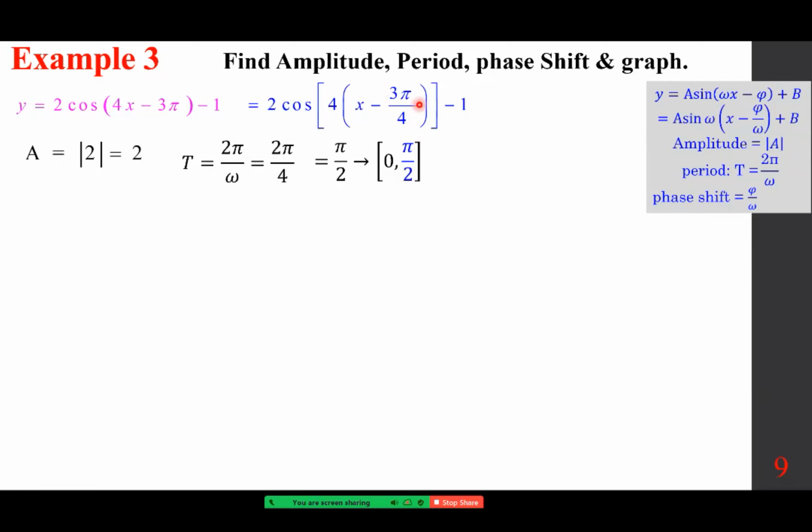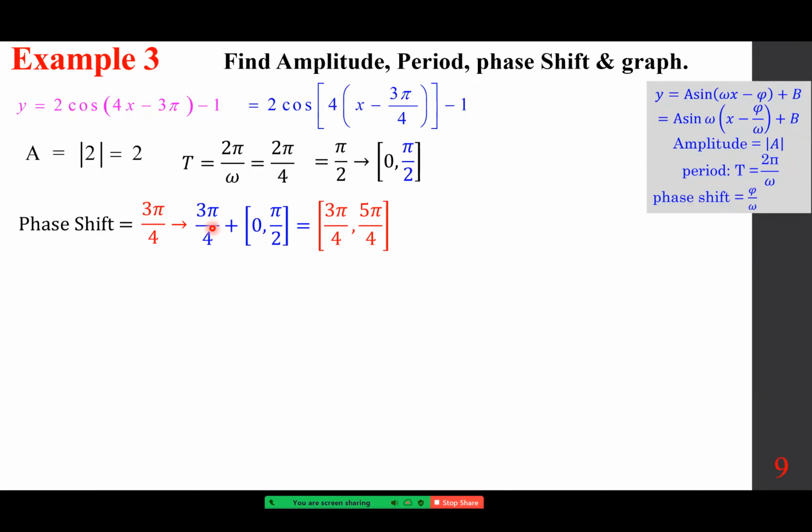However, there is a phase shift of 3 pi over 4. So we're going to move this to the right by 3 pi over 4. So this becomes 0 plus 3 pi over 4. This becomes pi over 2 plus 3 pi over 4. When you add 3 pi over 4 to pi over 2, you can write this as 2 pi over 4, 2 pi and 3 pi, 5 pi over 4.